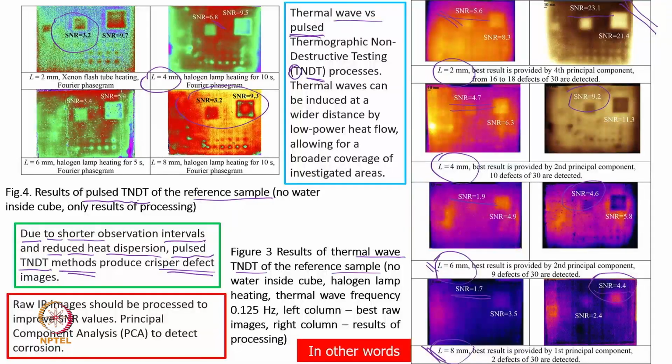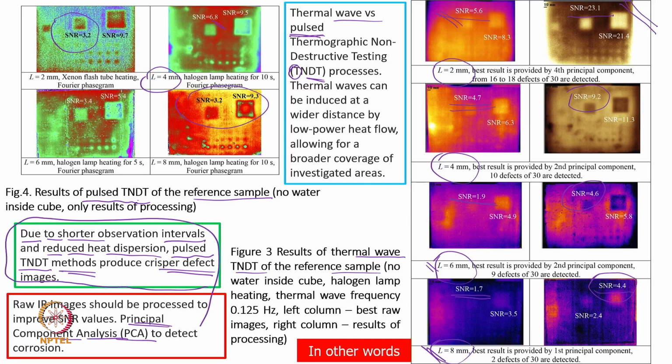So, in that they added a mathematical model that we call principal component analysis, which is also popular in machine learning algorithms. So, they utilized that kind of PCA to detect what is really good, so that they can predict the results, and based on the PCA results only they concluded that the pulse TNDT will be a better option.